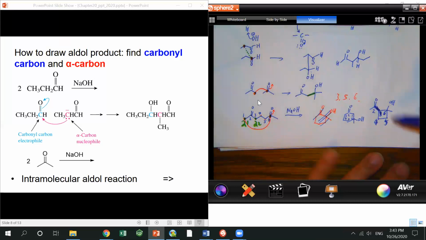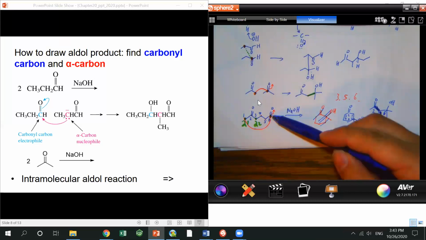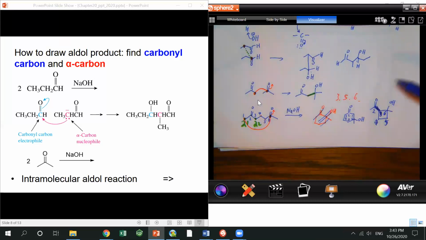That's why alpha carbon 1 attacks the carbon 6. So that's the product.